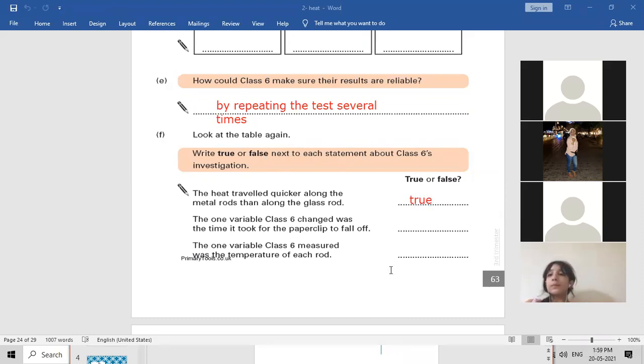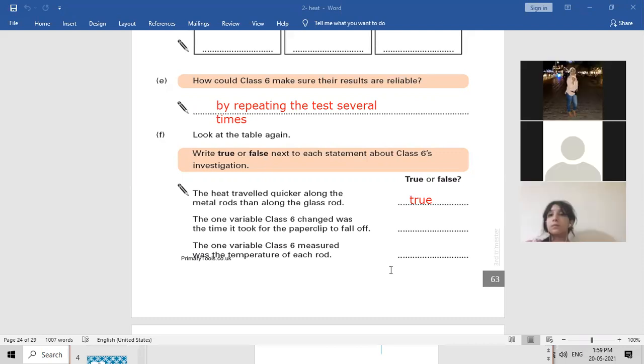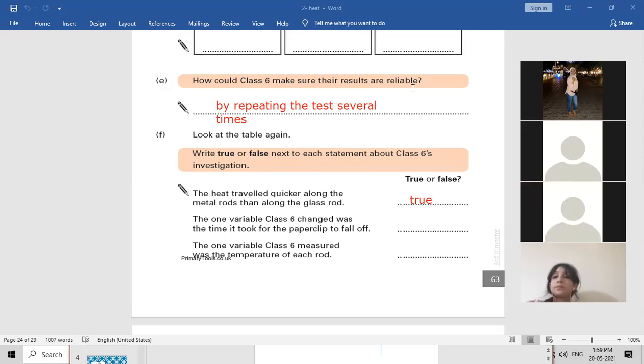Next, the one variable class 6 changed was the time it took for the paper clip to fall off. Hamza, true or false? Hamza, are you there? Miss, can I answer it? You can answer it. Okay, Judy.